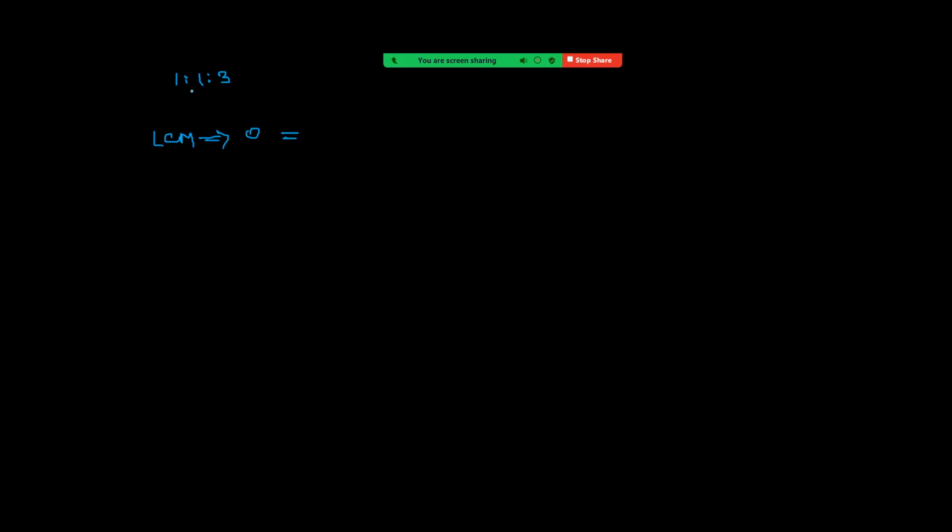Let us take one along x and one along y. Then what can I write here? Mass is 1 by 5, velocity 30, suppose along the x-axis. Next one, 1 by 5, velocity 30 along the y-axis because they are mutually perpendicular.